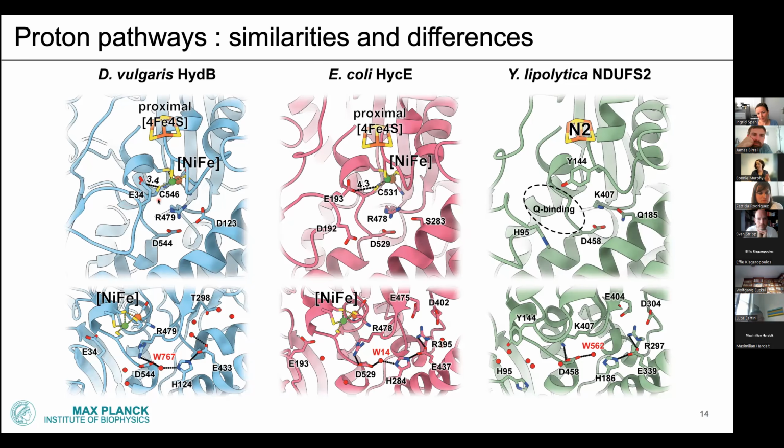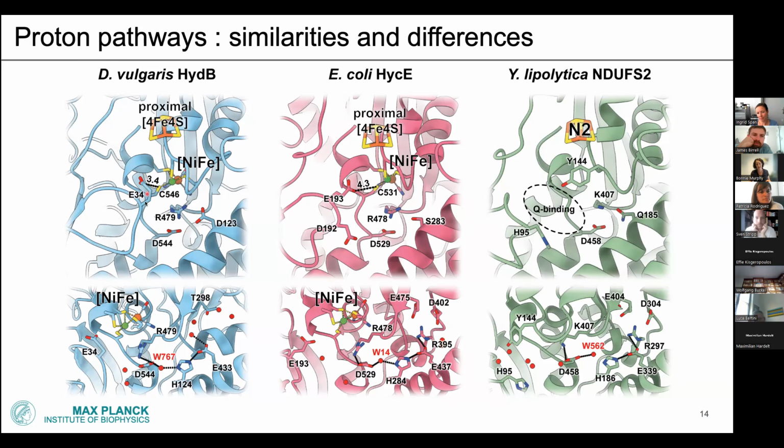So I think Sven, for example, and work from Mark Rousset's group also showed the importance of this glutamate on a beta-1, beta-2 loop in accepting a proton via one of the terminally ligating cysteines of the nickel iron cluster.